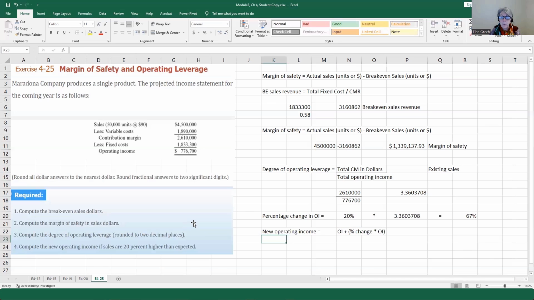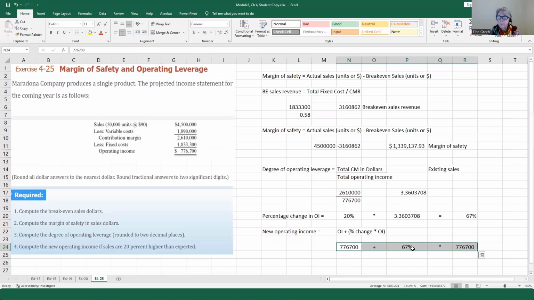That's what it is equal to. So we're going to take the operating income. We know what the operating income is, 776,700. We're going to add in what? The percentage that we've got right here. And we're going to multiply that by the operating income, which we already have over here.